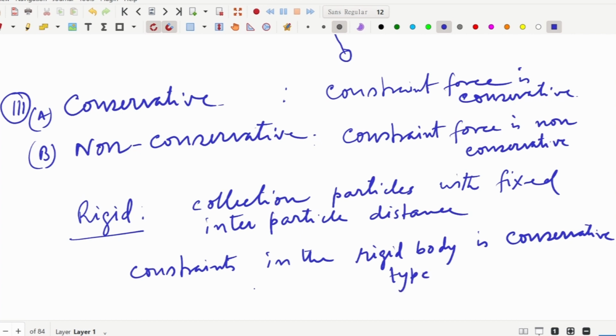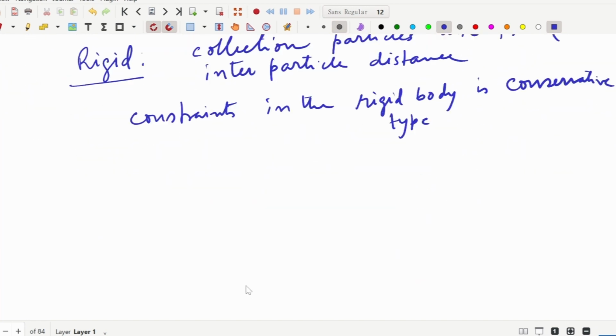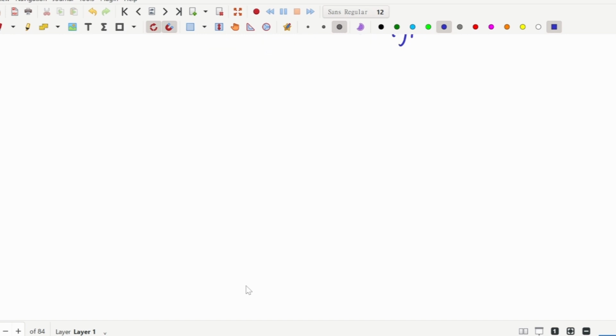Okay. So this is the review of the last class, and now we will go to today's class, and we will see the concept of generalized coordinates. Before that, let me point out again, I mentioned that constraints create two types of problems in classical mechanics or in the analysis.